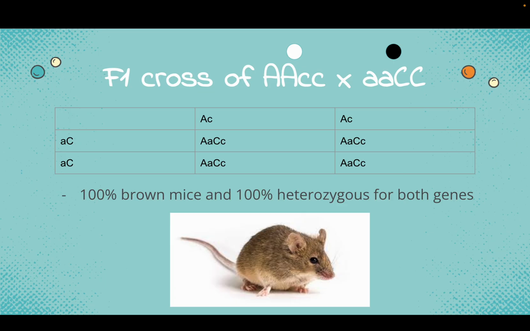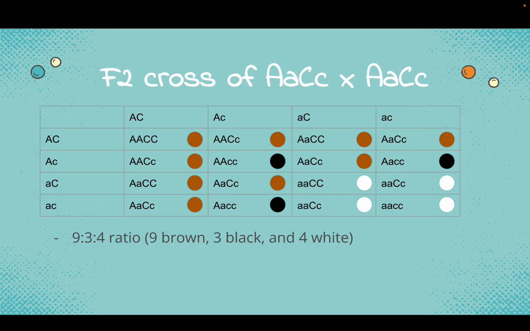Now, taking the offspring from the F1 cross and putting them in an F2 cross, we get a 9:3:4 ratio, where the fur coat colors could be seen in these circles right next to their corresponding genotype. And so you can see how we get 9 brown mice, 3 black mice, and 4 white mice. And this 9:3:4 ratio is very representative of an epistasis recessive ratio.